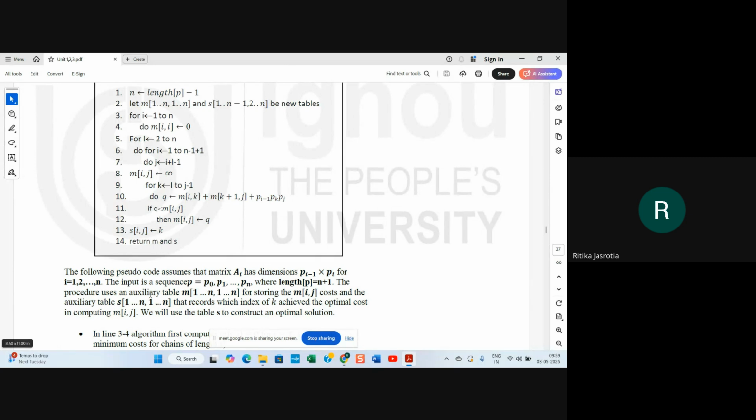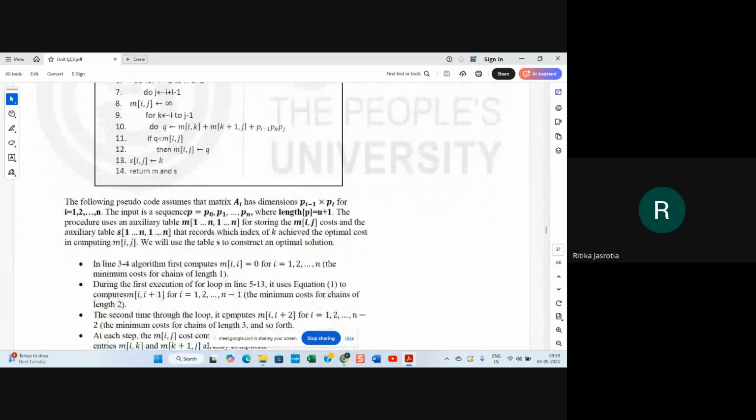The procedure uses an auxiliary table m[1..n, 1..n] for storing the m[i, j] costs, and an auxiliary table s[1..n-1, 2..n] that records which index of k achieved the optimal cost in computing m[i, j]. We will use the table s to construct an optimal solution.